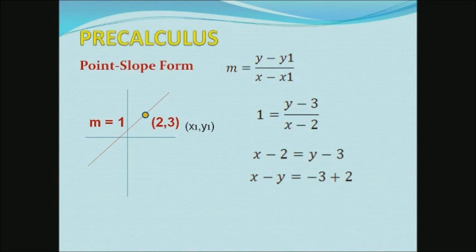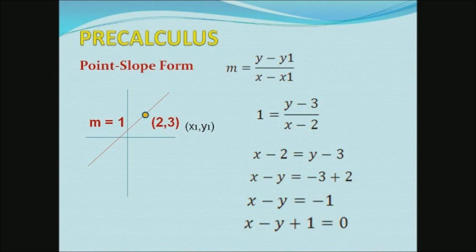So, ang ginawa natin, yung y sa right side, transpose natin sa left side kaya naging minus y. And yung sa right side kaninang negative 2, magiging positive 2 paglipat niya sa right side. Simplifying now our equation, we will have x minus y equals negative 1.